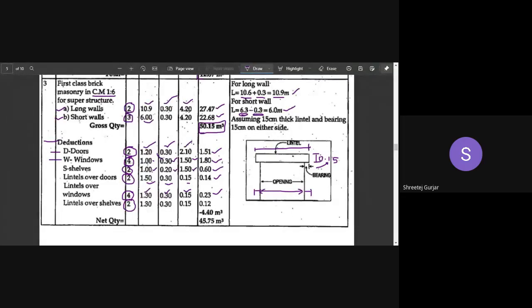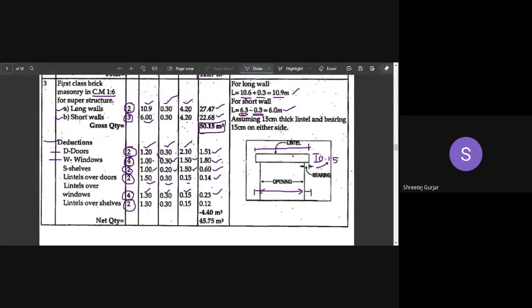The thickness will be the overall wall thickness, 0.3 meters, not the thickness of my shelf. The depth of my lintel is 0.15. Multiplying number into length into breadth into depth, I get the quantity as 0.12.